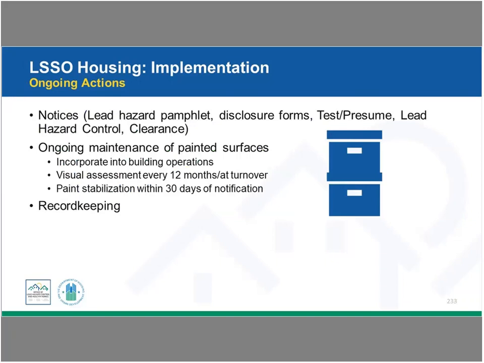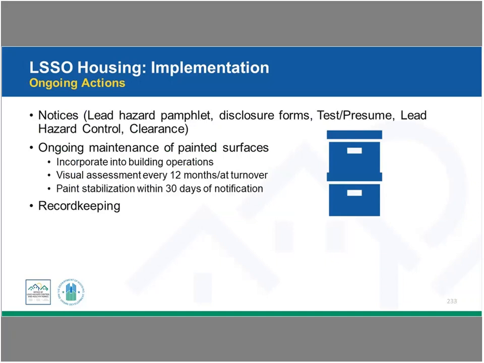So we're always going to be providing our disclosures, the lead hazard pamphlet, and as part of our disclosure, letting them know what's already been done on that property, what's known about not only their unit, but their common areas. And we're either going to be testing, or we're going to be presuming that our unstable painted surfaces contain lead, and then doing our appropriate hazard control and clearance, and we're going to be providing notification of that information.